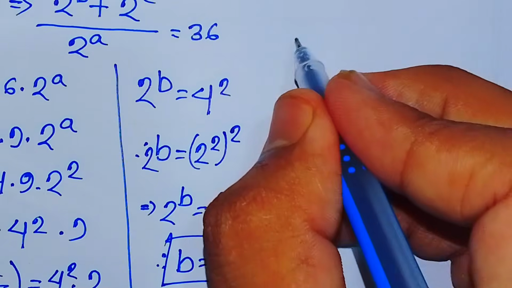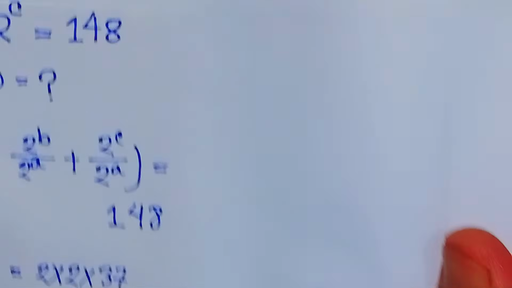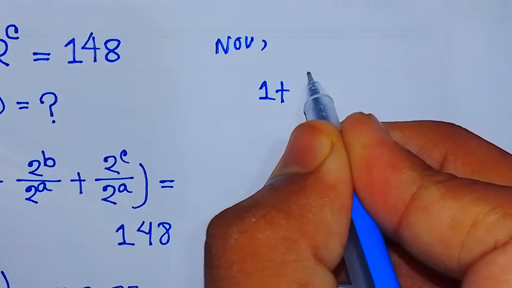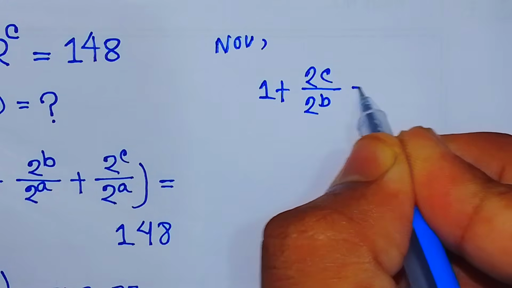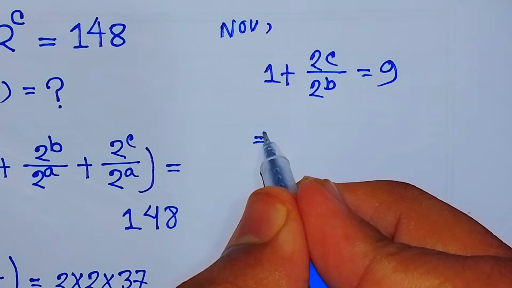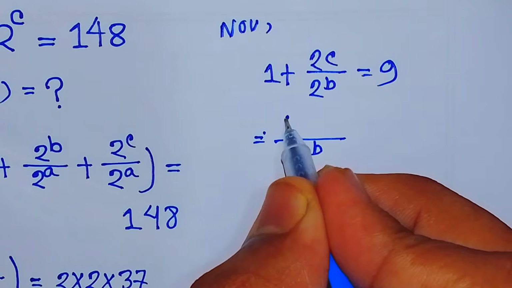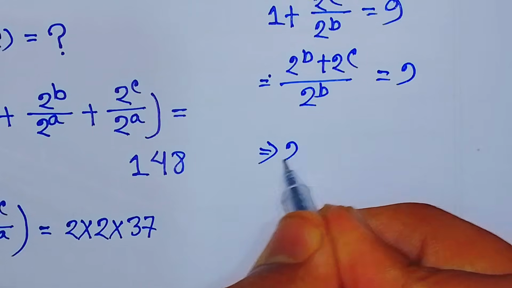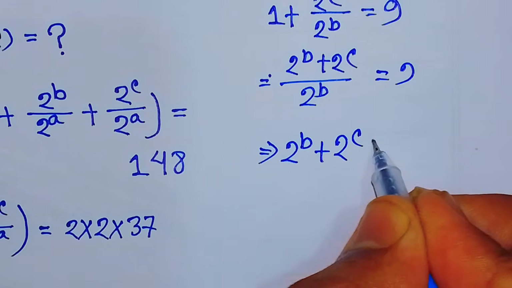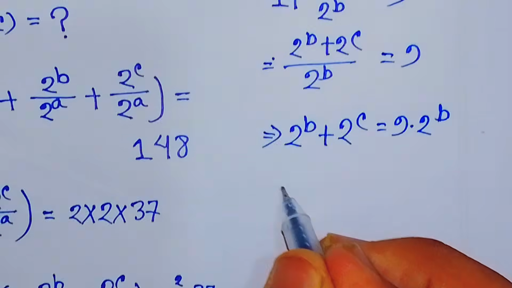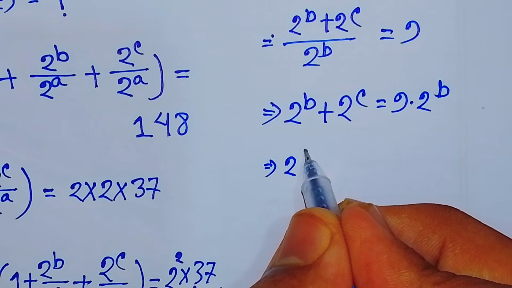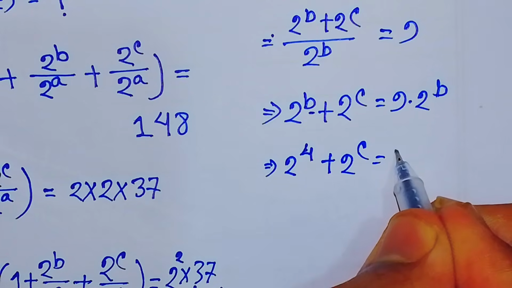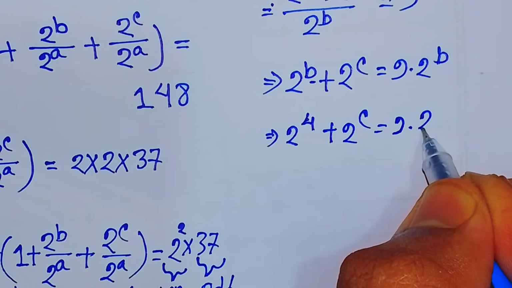All right, after that simplifying, we can write 1 plus 2 to the power c divided by 2 to the power b equals 9. So 2 to the power b plus 2 to the power c equals 9 times 2 to the power b. Here we just replace the value of b, which equals 4: 2 to the power 4 plus 2 to the power c is equal to 9 times 2 to the power 4.